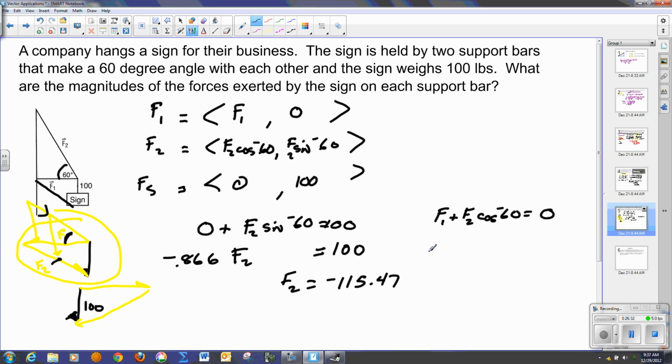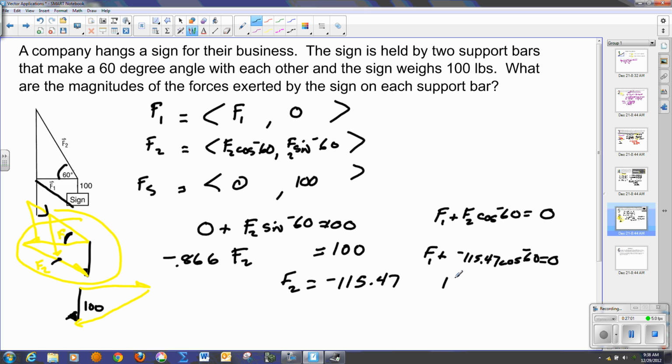So I have force 1 plus negative 115.47 times the cosine of negative 60 is equal to 0. Find out what negative 115.47 cosine of negative 60 equals, and we've got the problem solved.